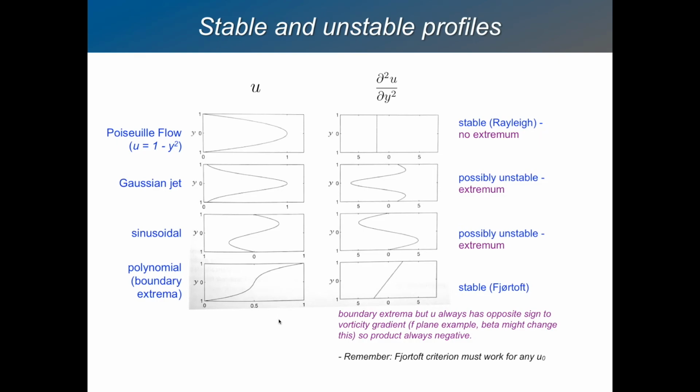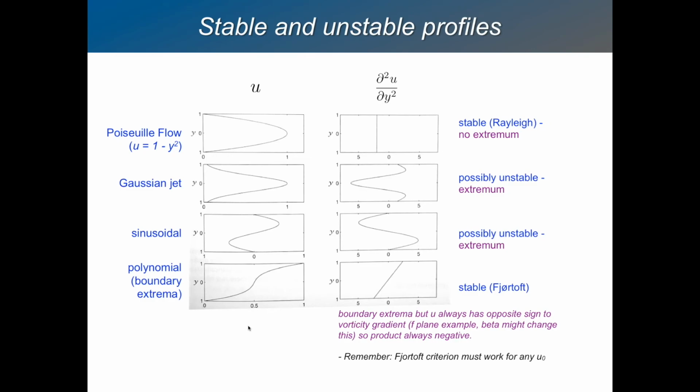So it fails the Fjørtoft criterion. Now, as I say, this U0 constant would shift this left and right. So you could shift it by defining a U0 to satisfy the Fjørtoft criterion, but that wouldn't work because it's got to be true for all values of U0. And in this case, it fails for U0 equals 0.